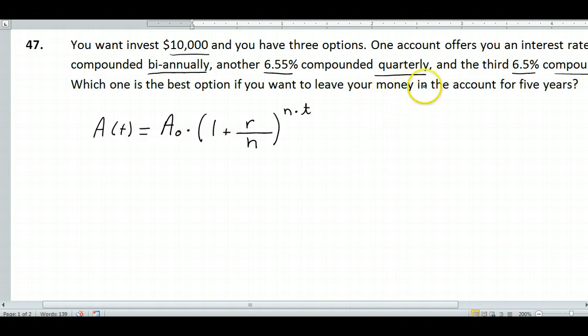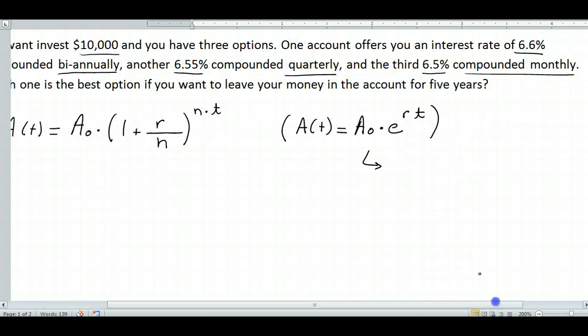The other formula is, okay, so what happens when you compound continuously? That's a formula when you compound continuously, A naught e^(RT), which in general refers to anything that grows or decays.